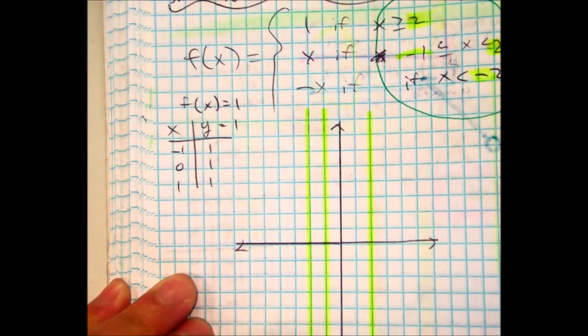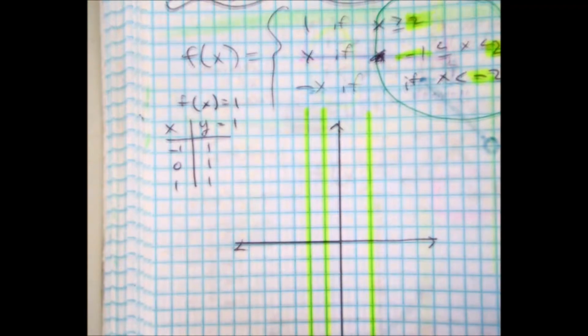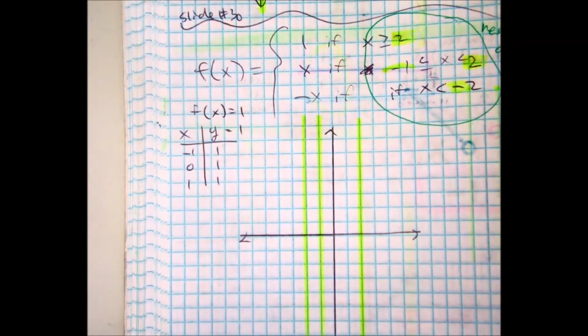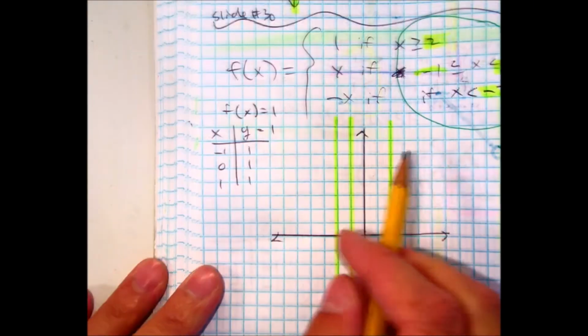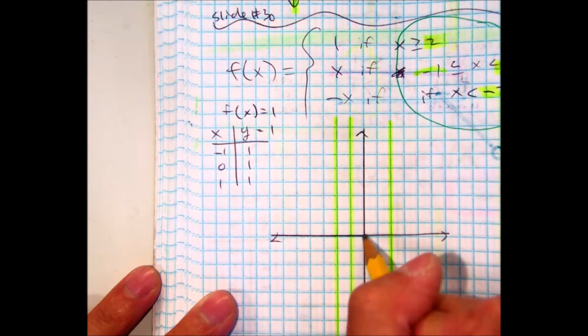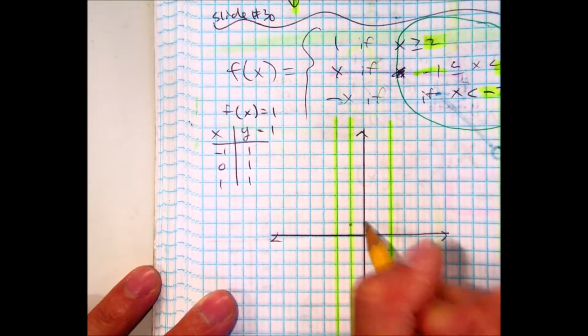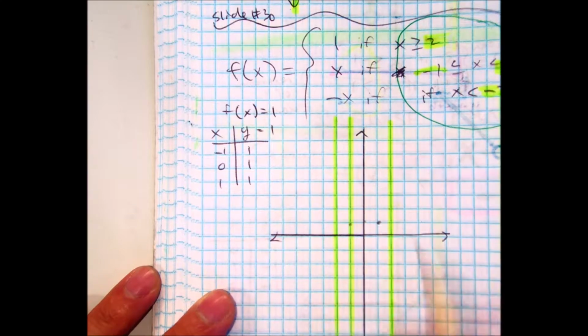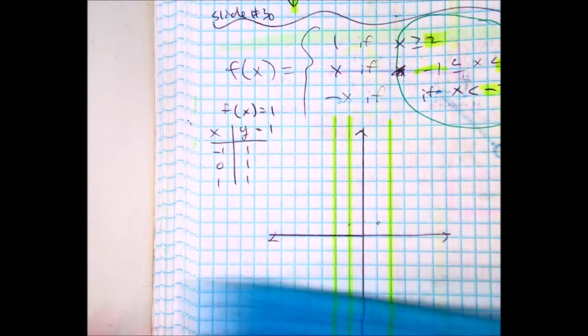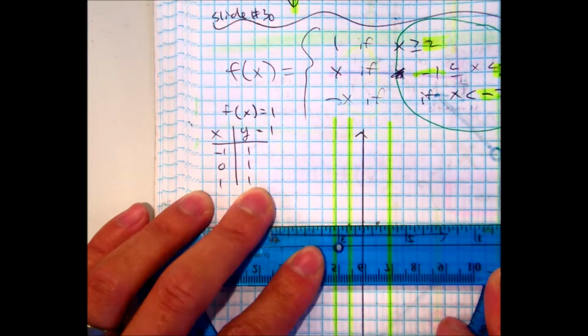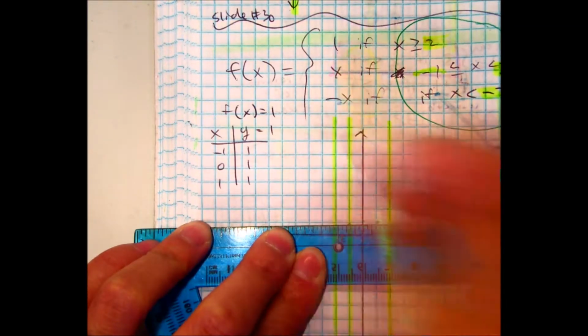And you go ahead and graph that. Alright, so I got -1, 1, 0, 1, 1. Everyone say a constant? Constant. They call this a constant. It's just a number there.